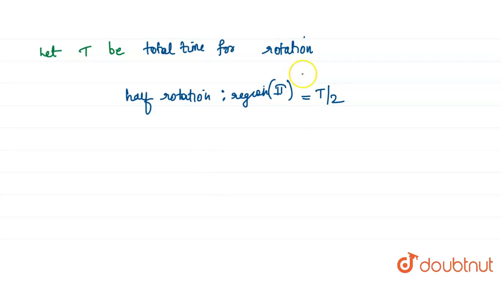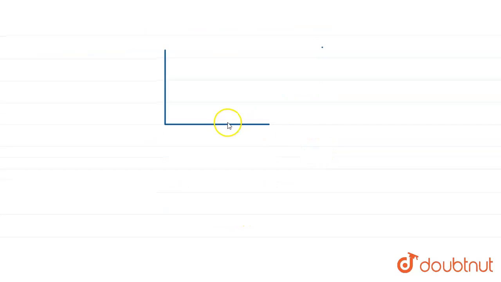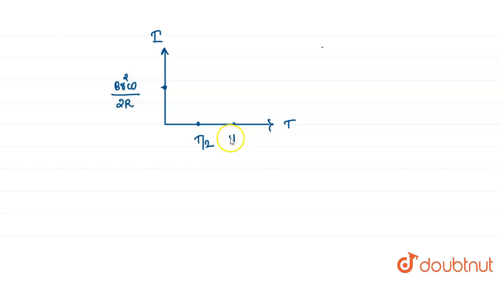So we can draw the graph by taking the y-axis as induced current and the x-axis as time, and let this point be a constant value BR square omega divided by 2R, up to time T by 2, and the next is T.